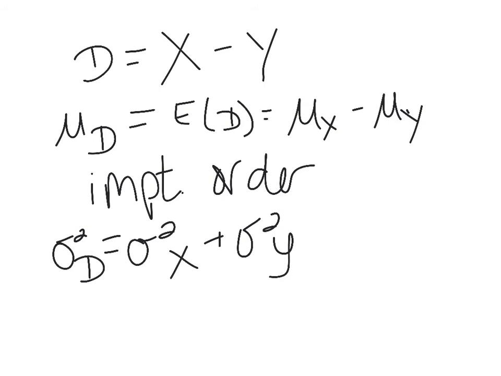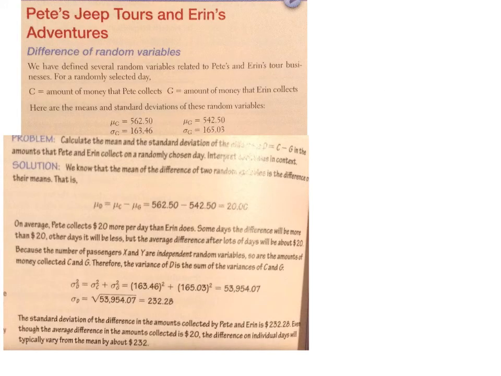Let's look at another Pete and Erin example. Here we've got your reminders of the mean of Pete's collections, as well as the standard deviation, and the mean of Erin's collections and her standard deviation. Our problem is to calculate the mean and standard deviation of the difference between the amounts that Pete and Erin collect, and interpret this in context.